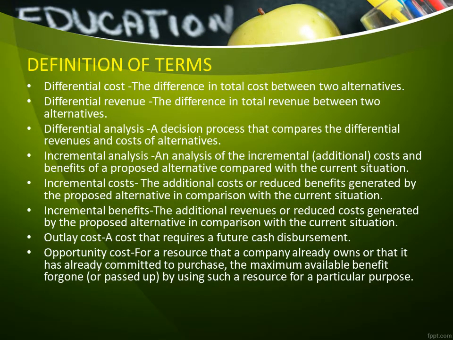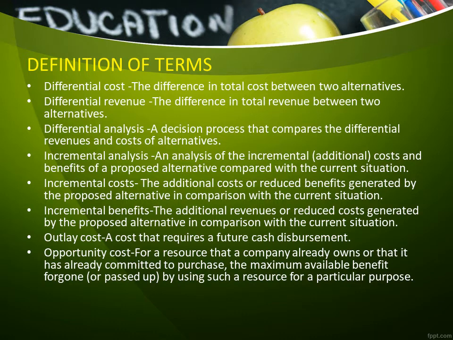Definition of terms. Differential cost: the difference in total cost between two alternatives. Differential revenue: the difference in total revenue between two alternatives. Differential analysis: a decision process that compares the differential revenues and the costs of alternatives. Incremental analysis: an analysis of the incremental or additional costs and the benefits of a proposed alternative compared with the current situation.